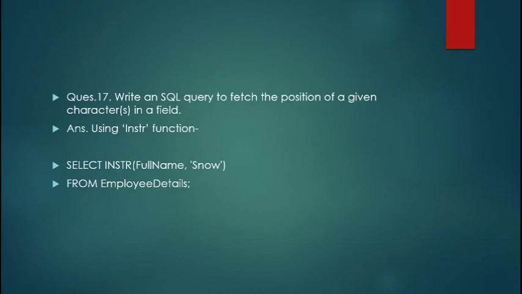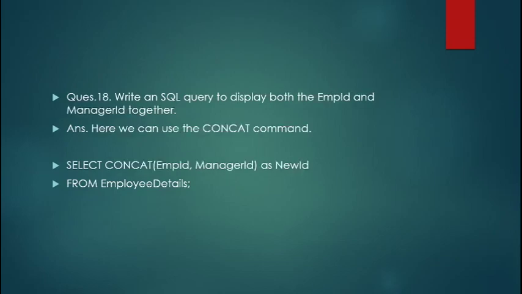So I will write select instr, column name full name, and what I want to find, snow, from employee details table. Whenever you have to fetch the position of particular characters in a field, you have to use the instr function. It is rarely used, but it can be asked.